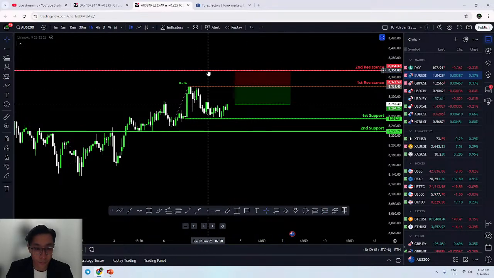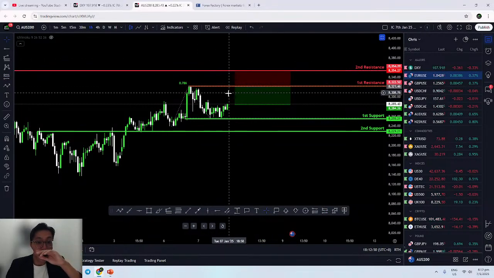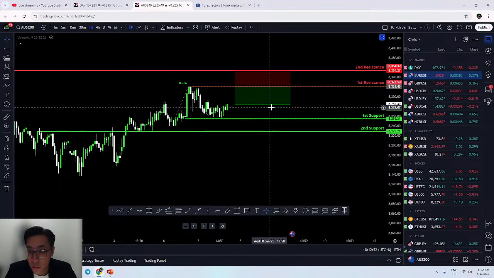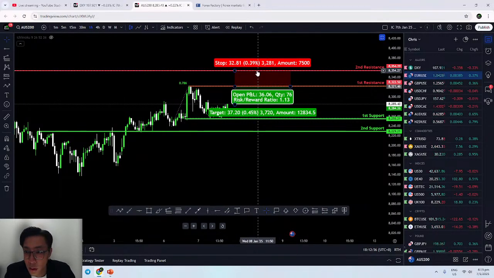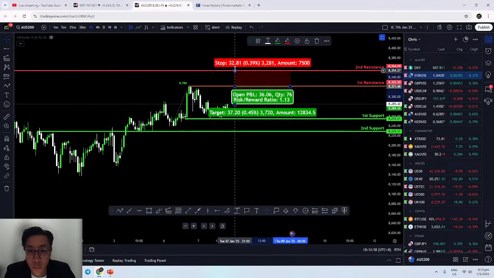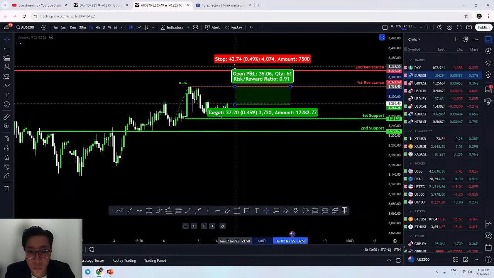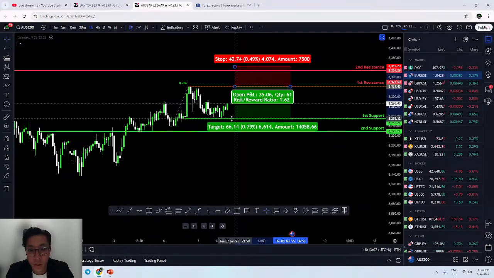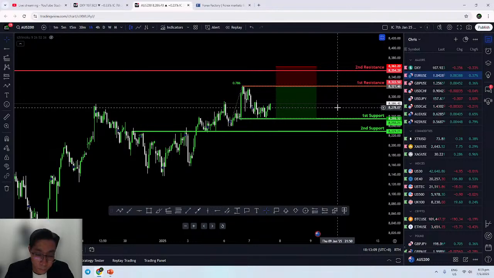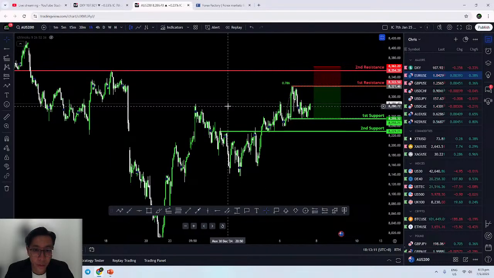So we might have an entry for AUS 200 at 8321, and then stop loss 8354. You can put it slightly above, maybe 40 pips. If we have at least 1:1.5, we can enter. This is decent.